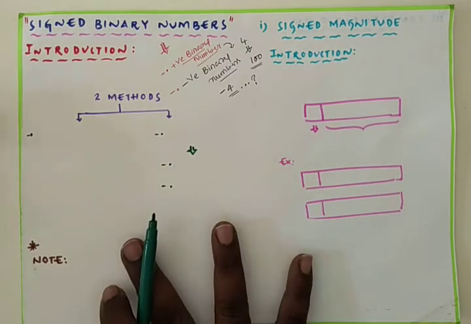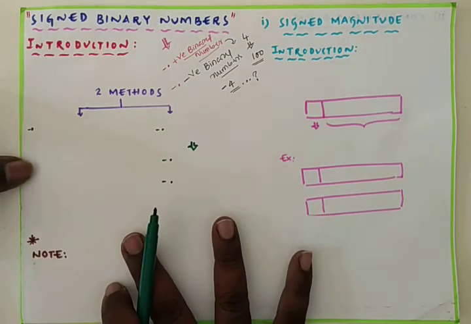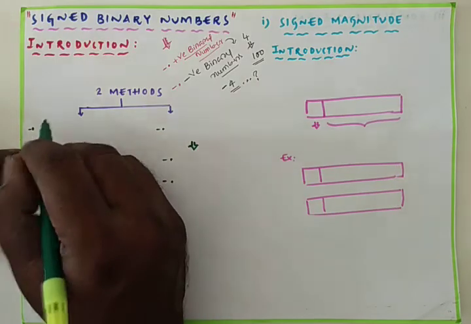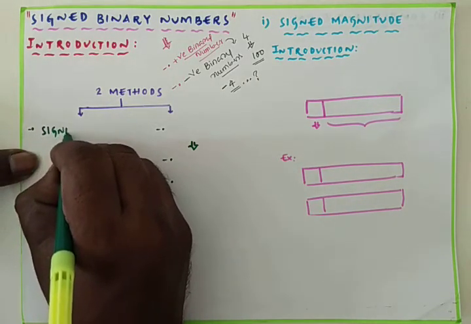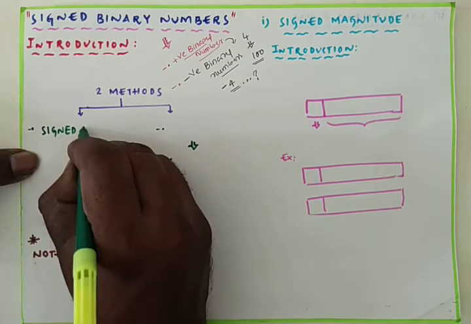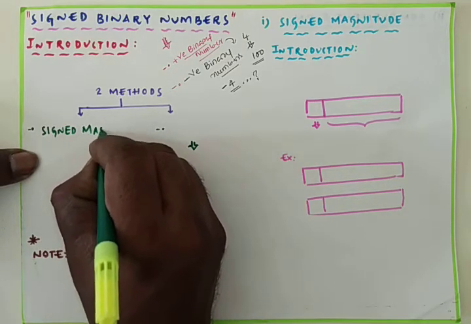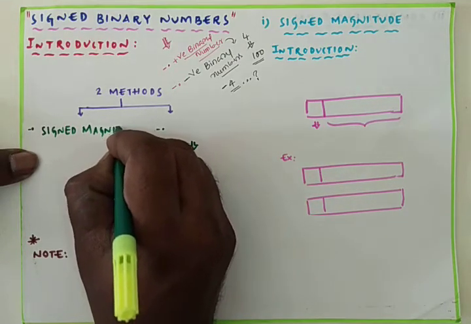There are two ways to represent the signed binary numbers. One is signed magnitude form.